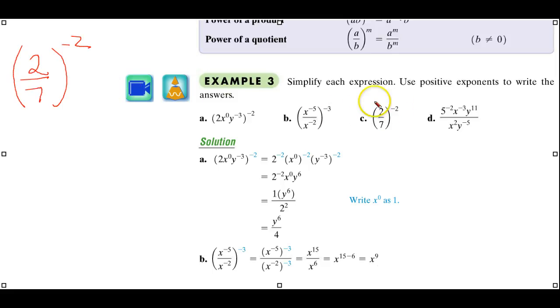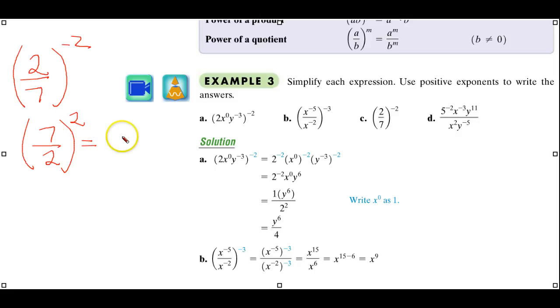Now example 3, or C here, this is a good one to use this other technique of whenever you have a fraction with a negative exponent, you can make that a positive exponent just by flipping what you have in the parentheses. That is, taking the reciprocal. So that's the reciprocal, and now it becomes a positive 2.